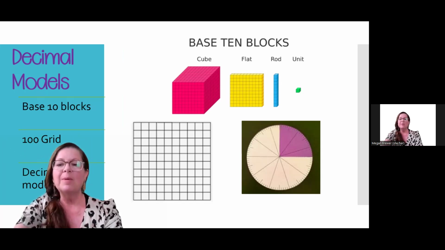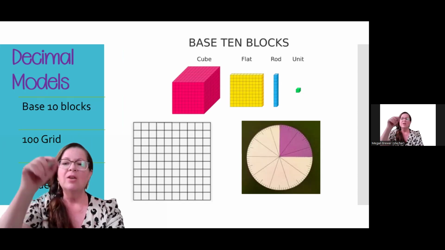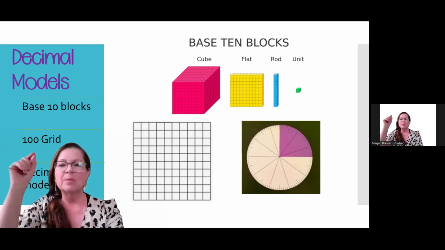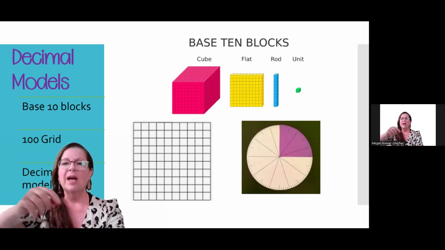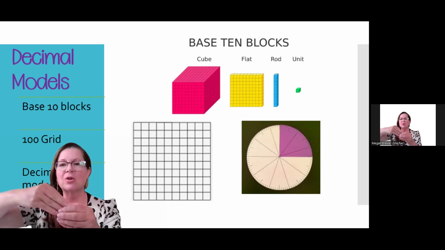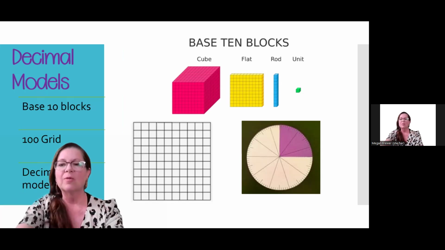You can print 2 copies of the decimal circle and cut along one of them, from the edge of the circle to the center point, and you can insert that circle into a full circle that's not been cut. And that way you can model how much you're representing with the visual, and your students can do the same thing.